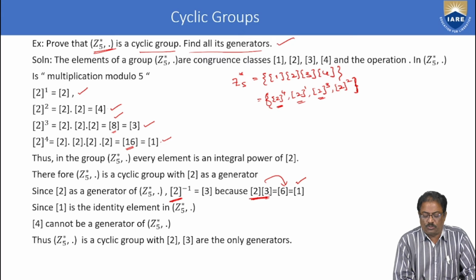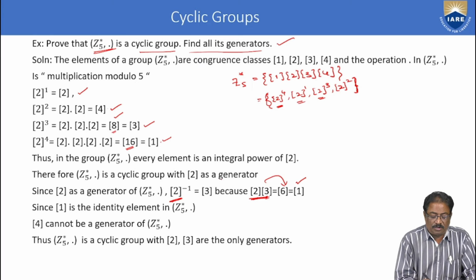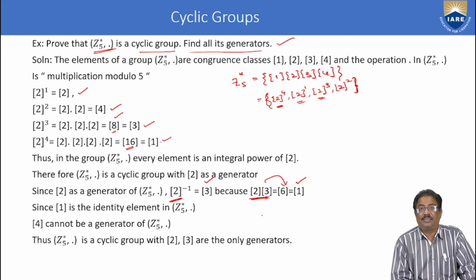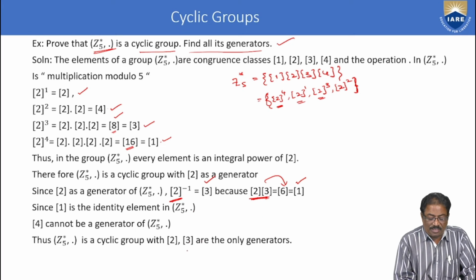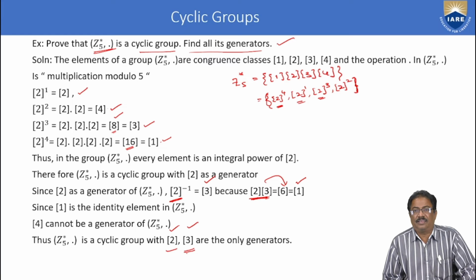So 2 into 3 or 3 into 2 gives 1. So 2 inverse is equal to 3, or 3 inverse is equal to 2. So 3 is the other generator. One generator is 2 and the other generator is 3.